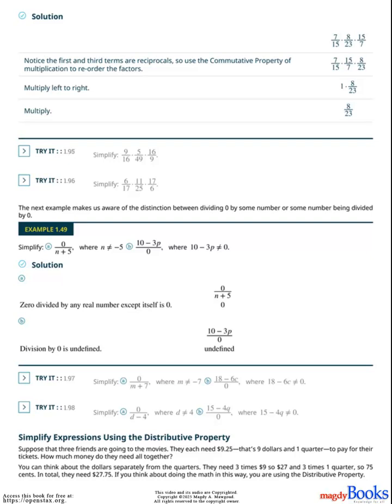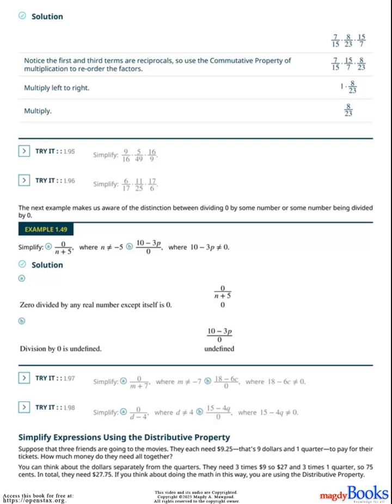Solution. A. 0 over n plus 5. 0 divided by any real number except itself is 0. B. 10 minus 3p, all divided by 0. Undefined. Division by 0 is undefined.